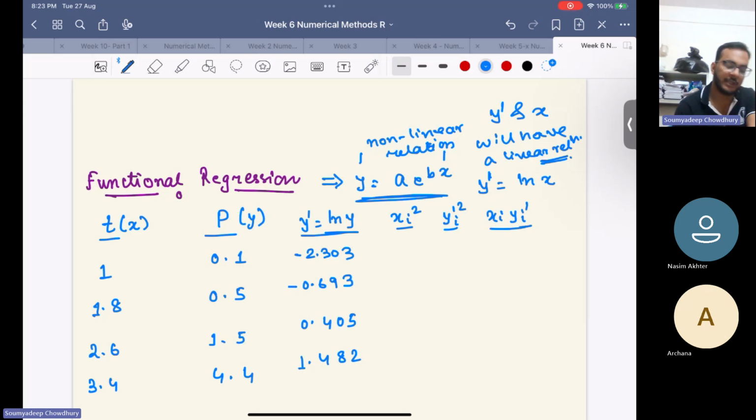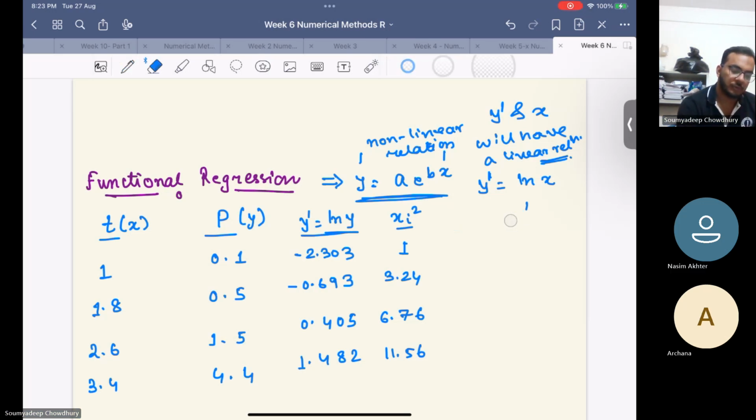So your new y is this ln y, that you have to remember. xi square, if I find out, this is 1, this is 3.24. Is the thing clear to both of you? Or the concept is clear, right? Yes, I understood. Yes, sir.